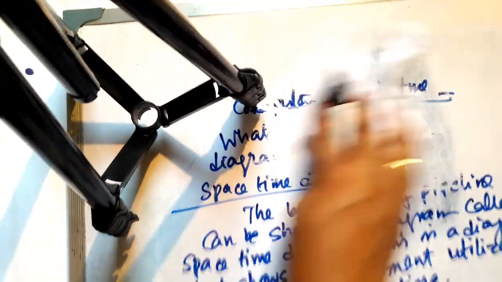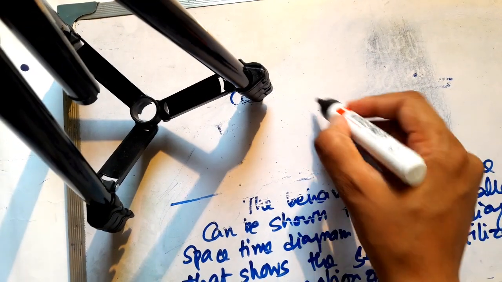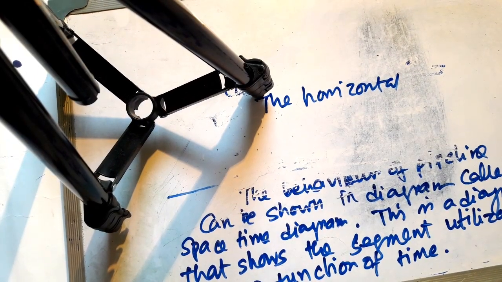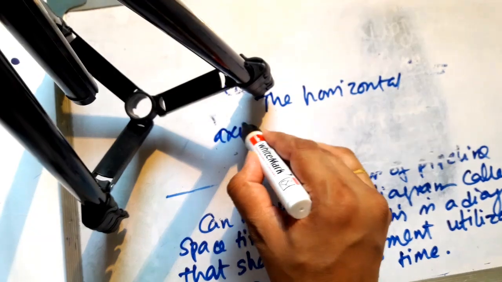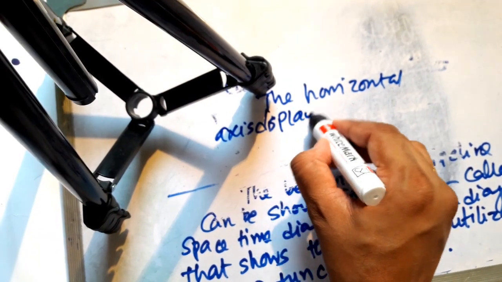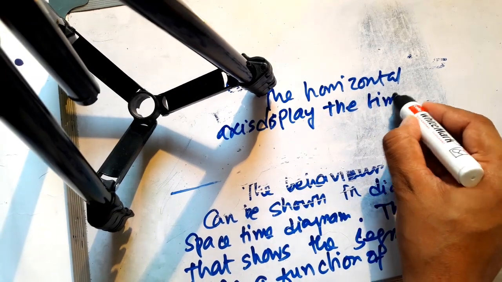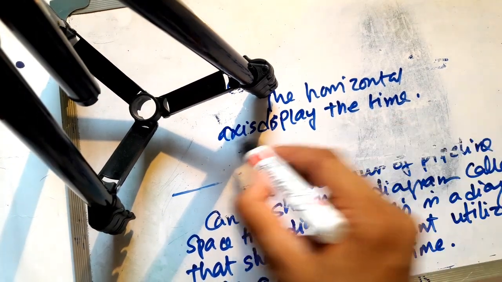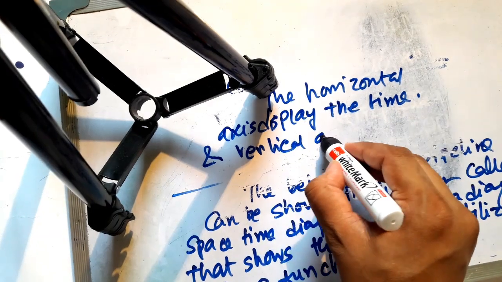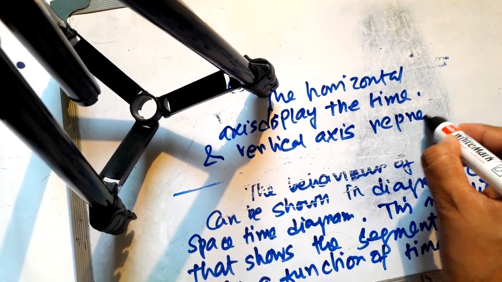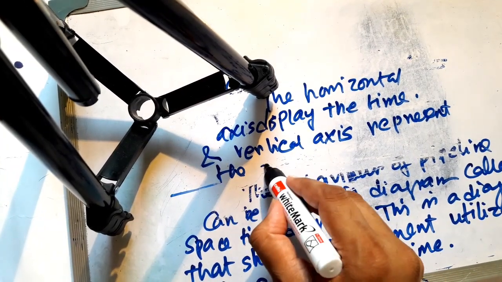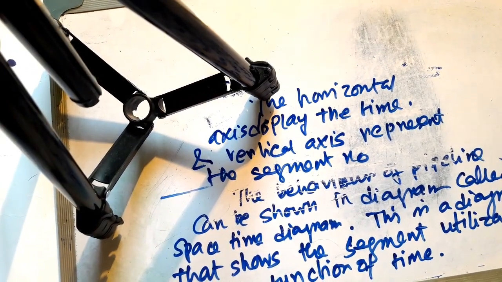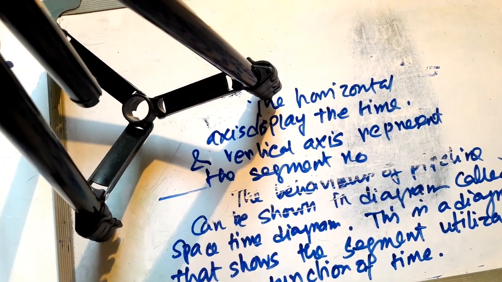Then the horizontal axis displays the time, and the vertical axis represents the segment number.